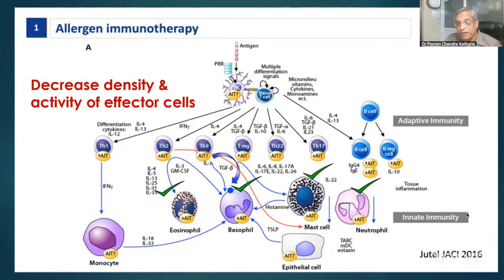Because in the first year, there is a decrease in the density and the activity of the effector cells, Th2 cells, B cells, ILC2 cells. The density of the IgE receptors decreases once we give allergen immunotherapy along with the biologic.